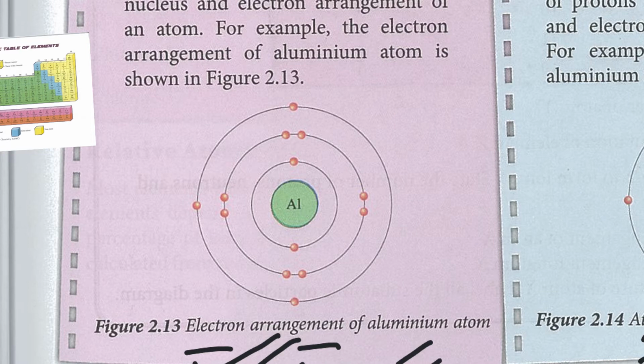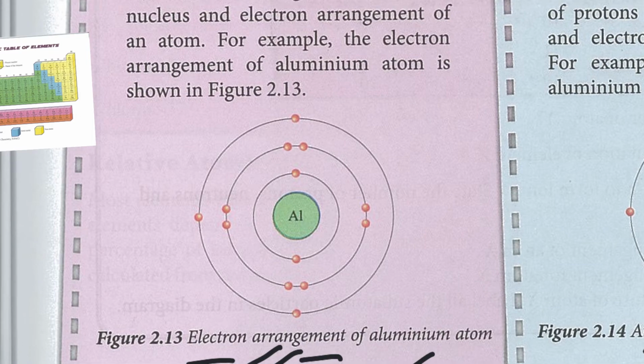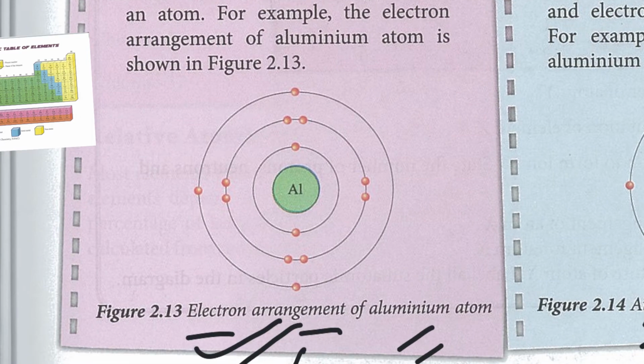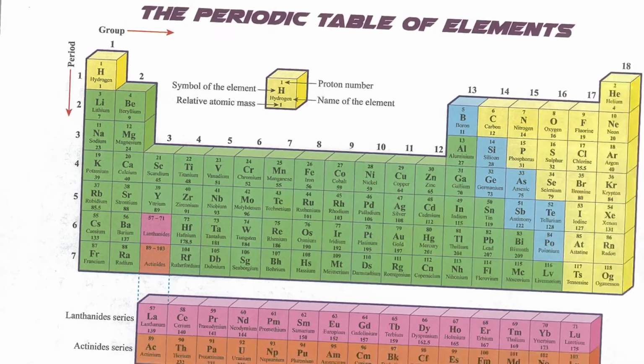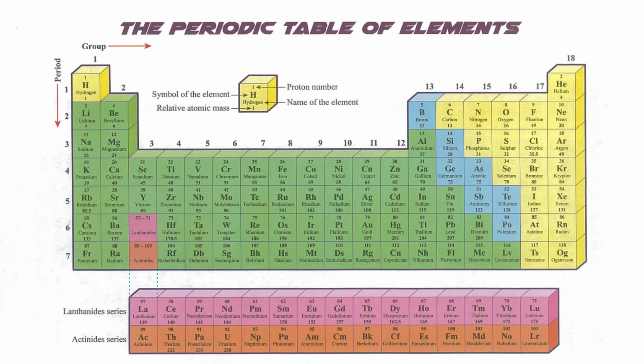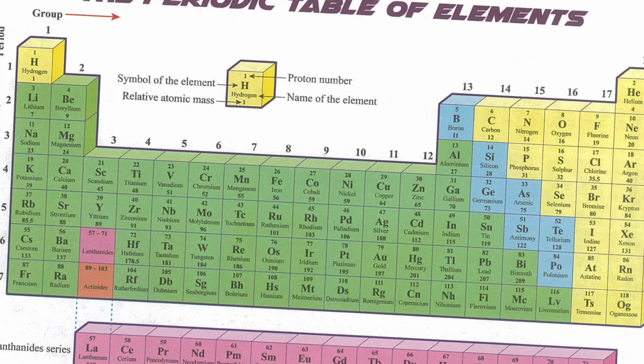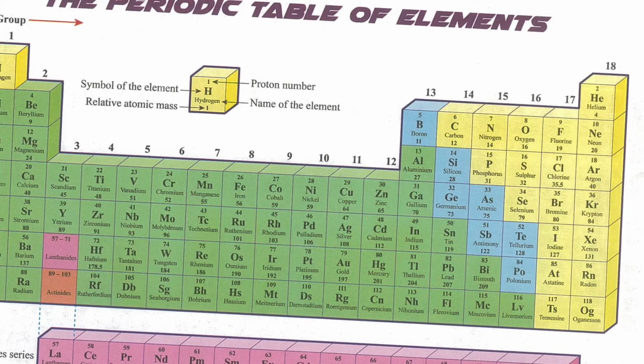In order to find the proton number, you need to find it in the periodic table of element, this one. Let us find the aluminium here. So see, the aluminium is here in group 13. Group 13, aluminium. This is from your textbook.